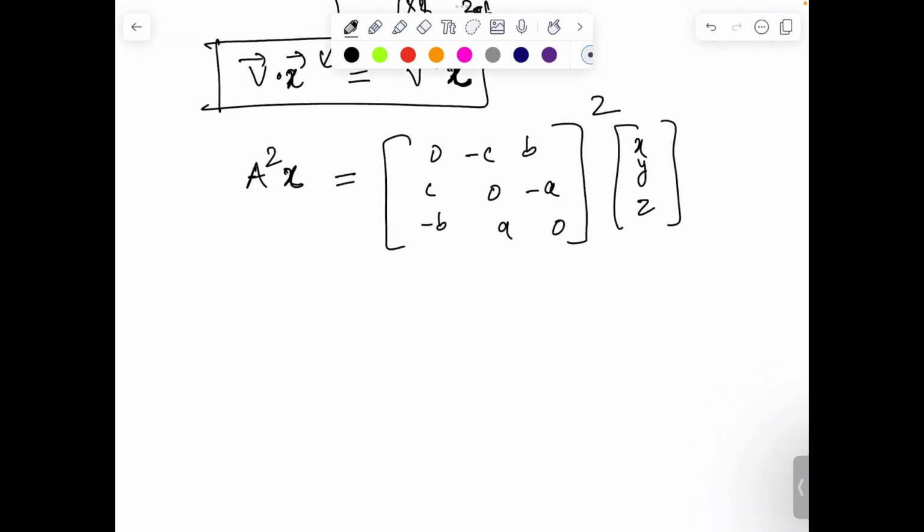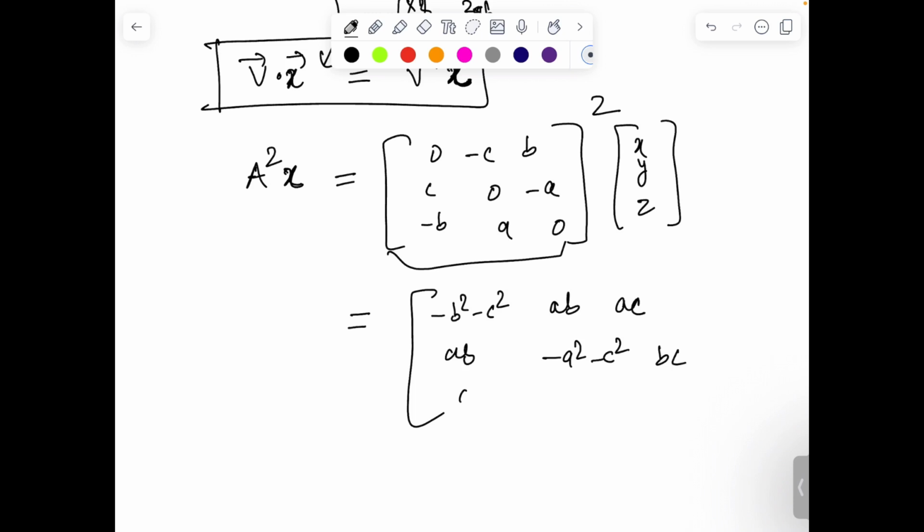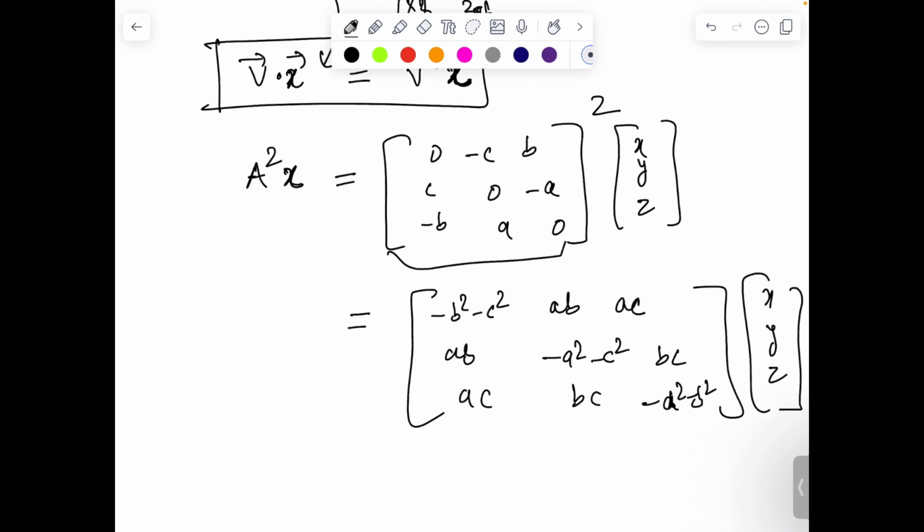Of course, if you do so, you get a matrix, and by squaring the matrix I get: minus b square minus c square, ab, ac; ab, minus a square minus c square, bc; ac, bc, minus a square minus b square. So this times (x, y, z).